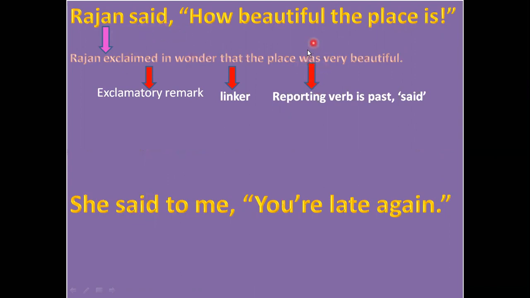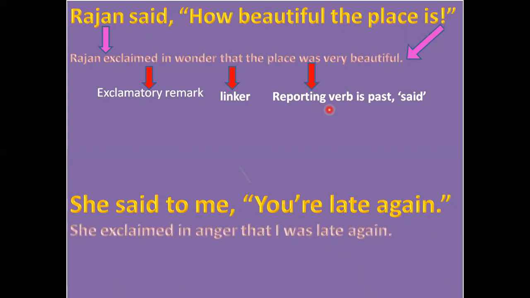That's why it is becoming was. Moreover, a very important point to note is, look, the exclamatory mark in the direct speech is changing to a full stop in the indirect speech. All right, let us look at the next sentence also. In the same fashion, you will see the next sentence is undergoing the same change. This is an important point. You must note it down.